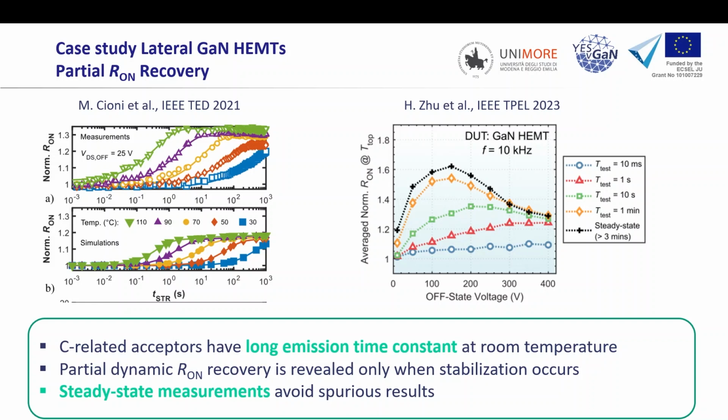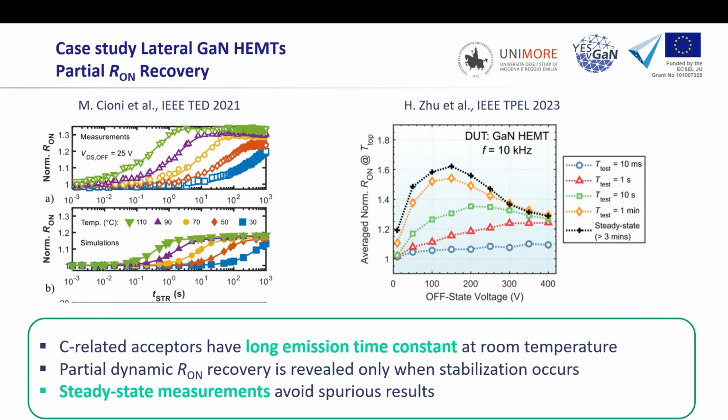So this is important to say, just to stress a little bit more, about the emission of holes from C-traps. At ambient temperature, you have times that exceed hundreds of seconds. So you need to wait for a long time for the buffer to reach sort of an equilibrium condition.